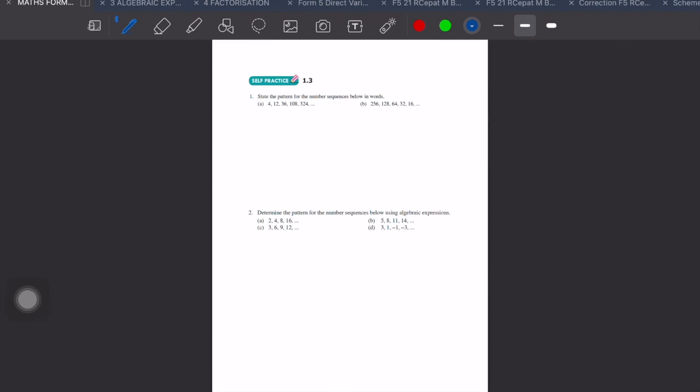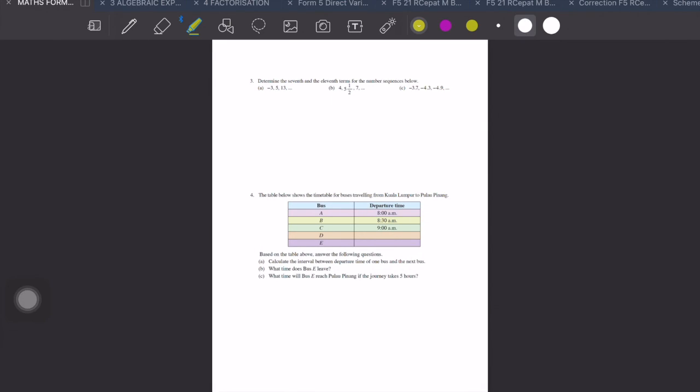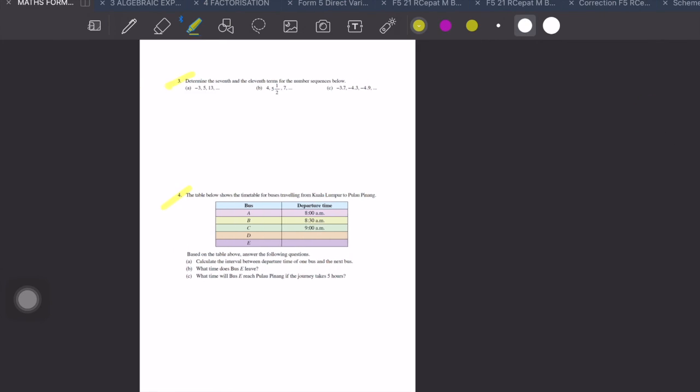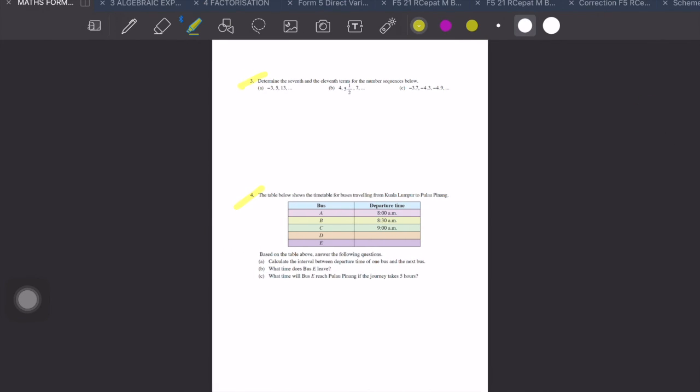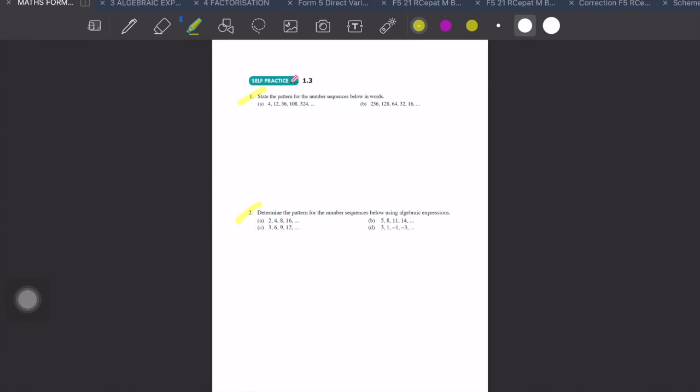And then this is your second task for today. Self-practice 1.3. I want you to try to complete question number 1, 2, 3, and 4. I think the question is not that tough.